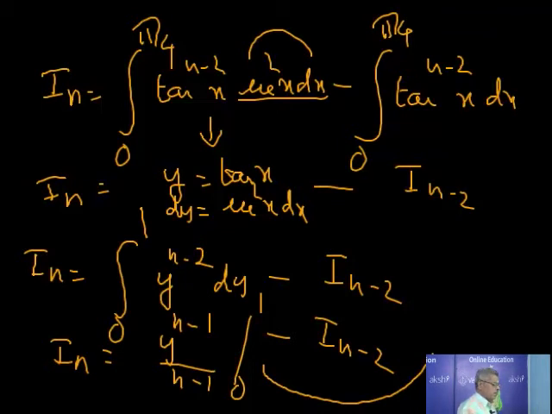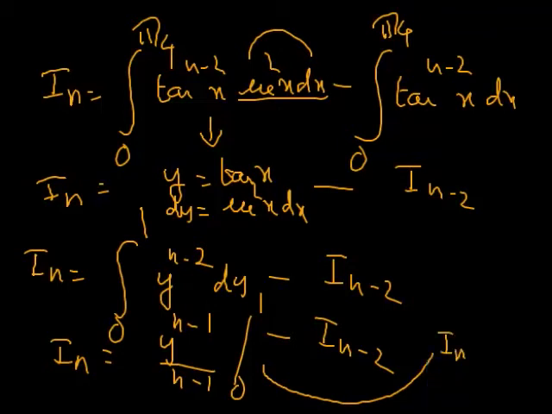Therefore, the reduction formula is In is equal to 1 by n minus 1 minus I(n-2). This is our reduction formula for tan x power n, 0 to pi by 4.